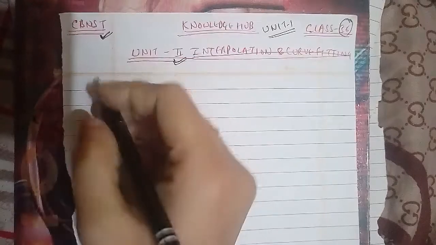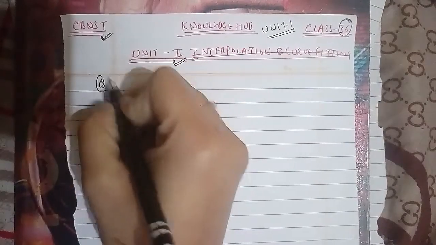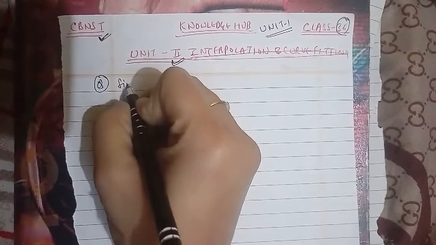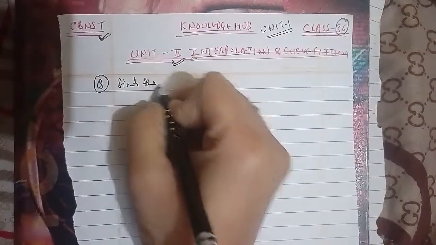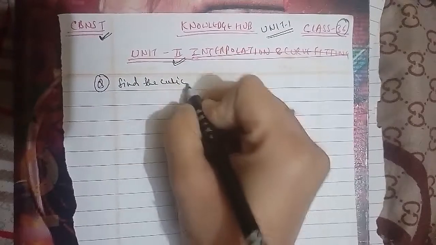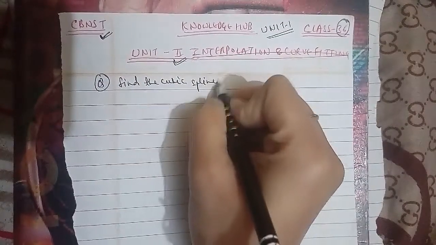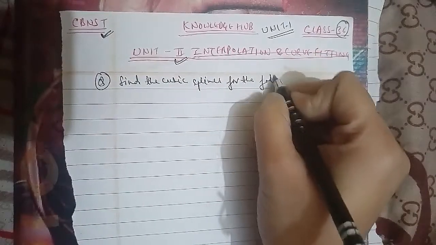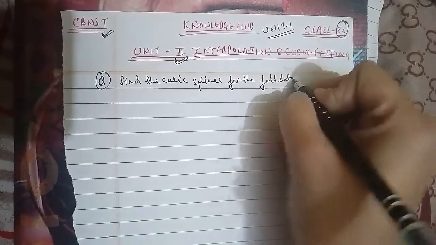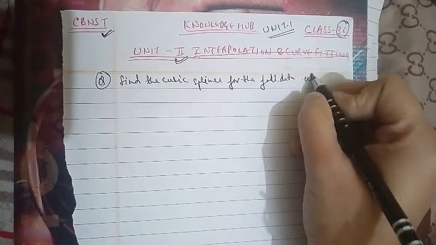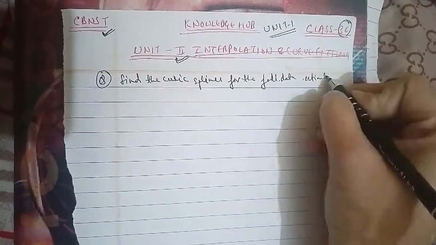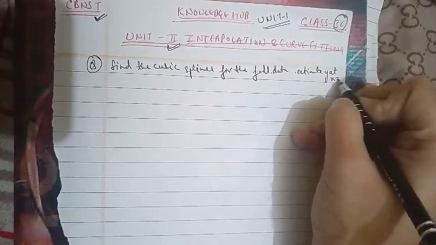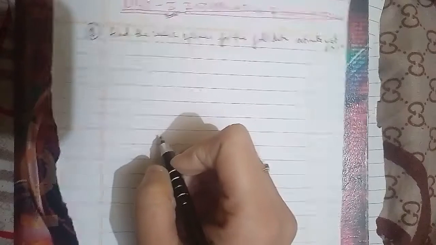So we go ahead with this question, where we have to find the cubic spline for the following data. You have to estimate y at x equals 4.